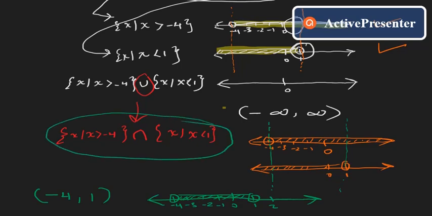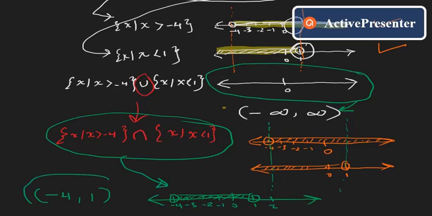Before, we solved the union, which provided us with negative infinity to infinity. However, the intersection is graphed like this. This is the interval notation, and here of course set builder notation.